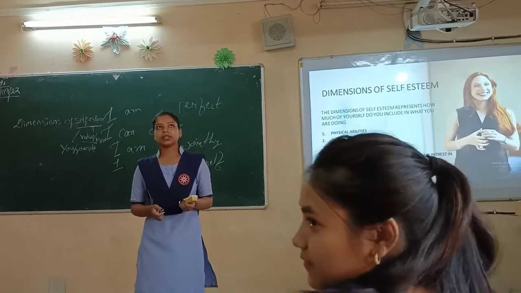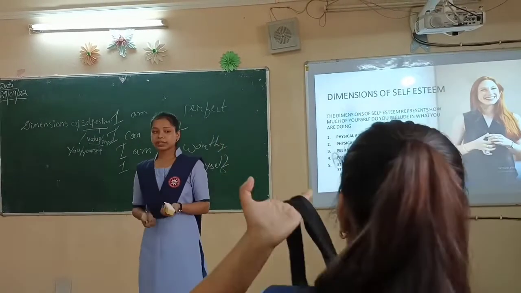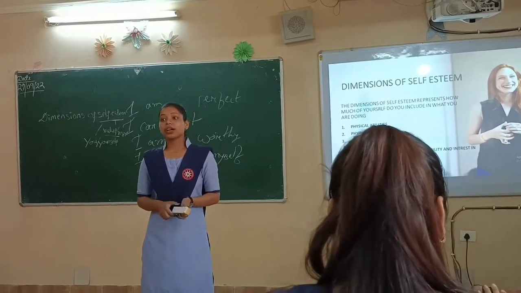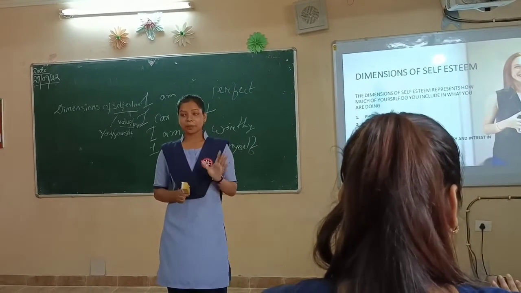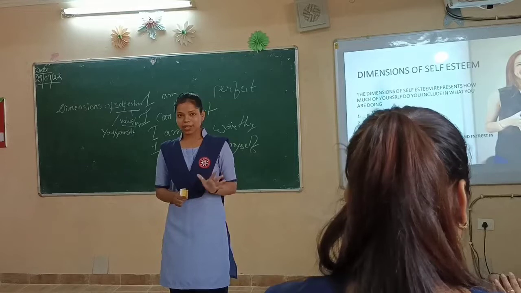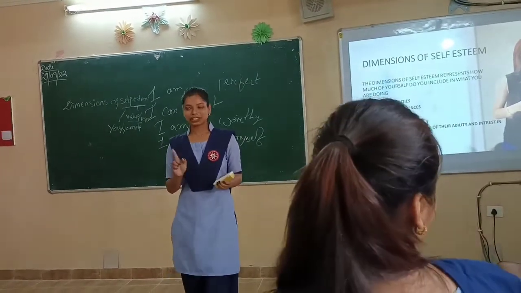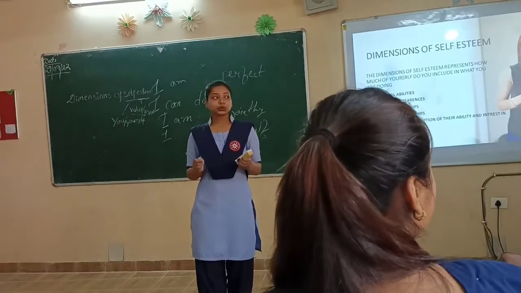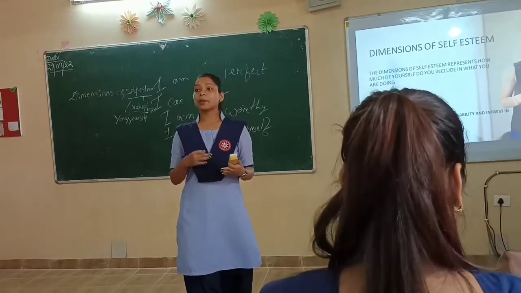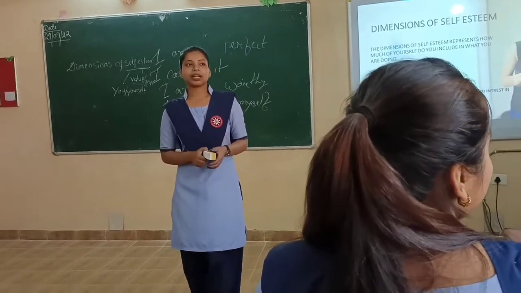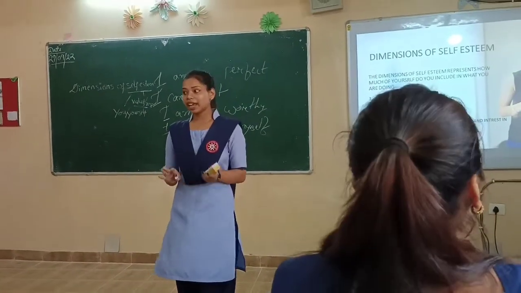For example, I remember when I was just 6 or 7 years old, I got very low marks in maths. I am very poor at maths. I got only 34 marks, that is pass marks. I was so afraid of how to tell my parents that I got low marks, and I was really crying in my school.